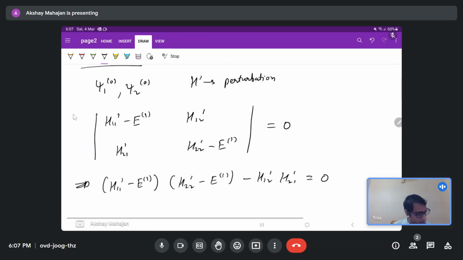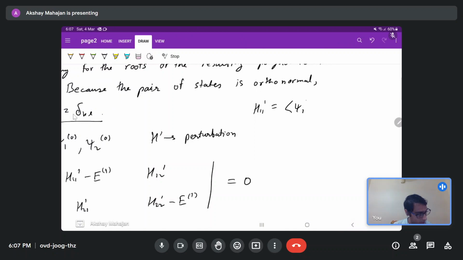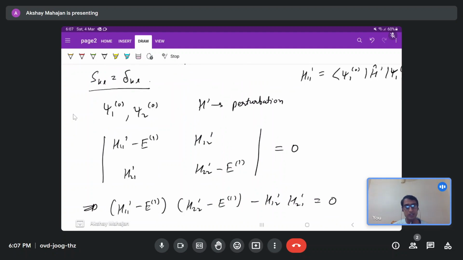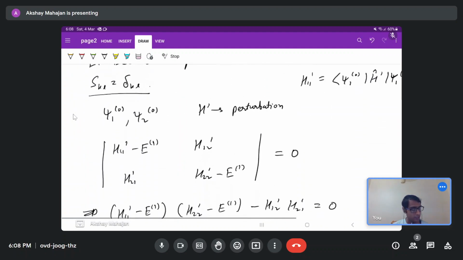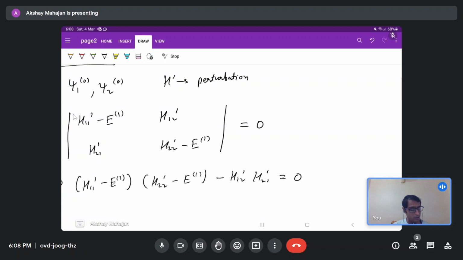Let me define what these H11 primes are. H11 prime is psi1 of zeroth order, H prime, our perturbation, psi1 of zeroth order. In degenerate perturbation theory, we create these matrix elements from our degenerate states. Here we are just considering a doubly degenerate case. So we create these matrix elements and then we solve this determinant, or you can see it as just diagonalizing this matrix.